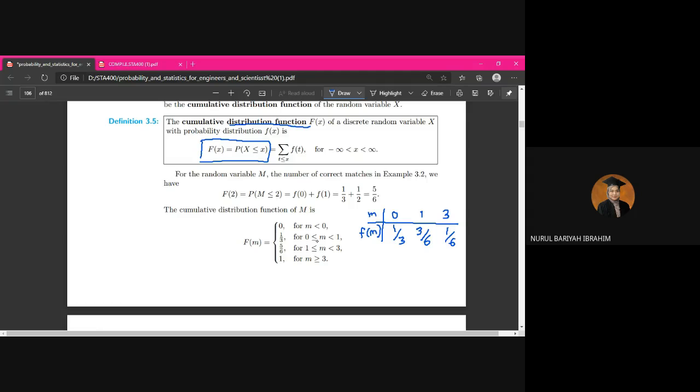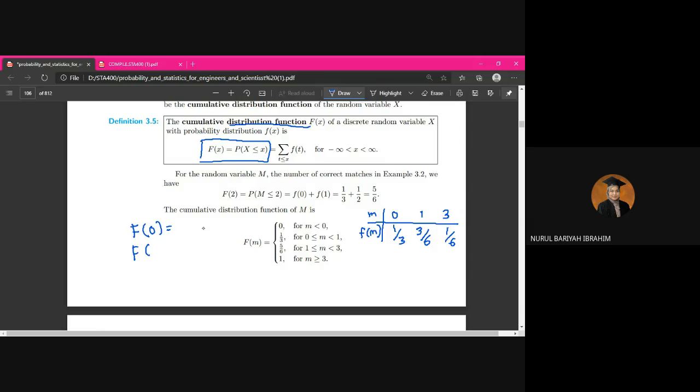Okay, and then ni maksudnya kat sini kalau kita boleh tuliskan, F0 is the probability of, okay, kita tengok sini. Dia punya cara tulis ni.